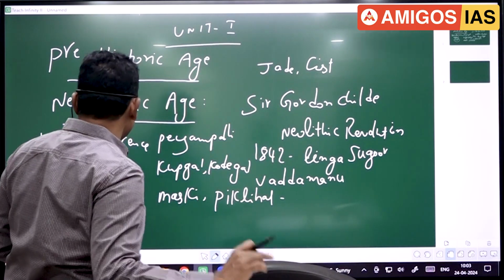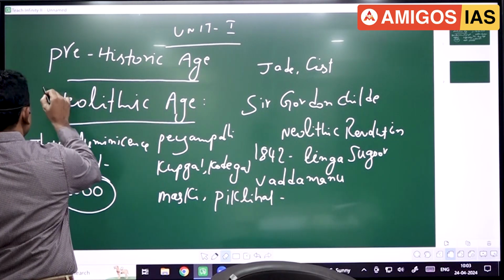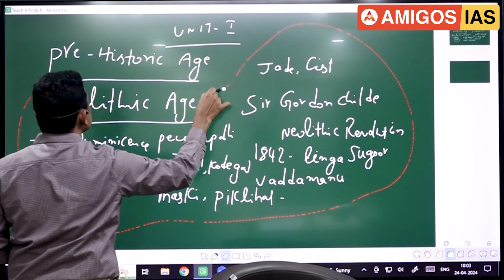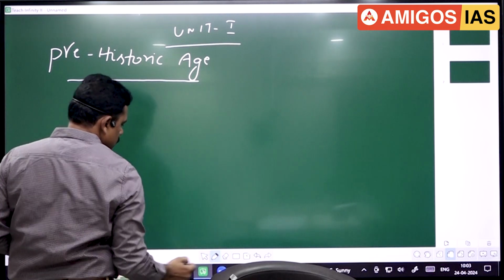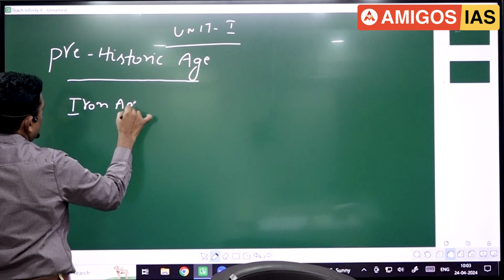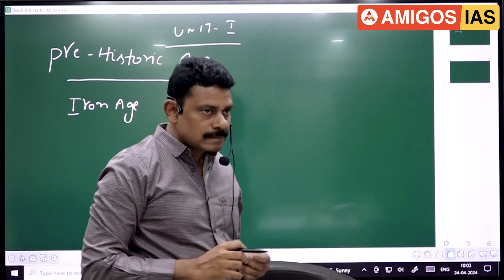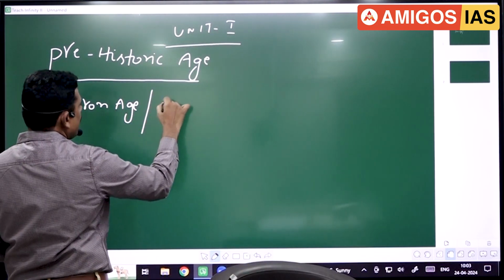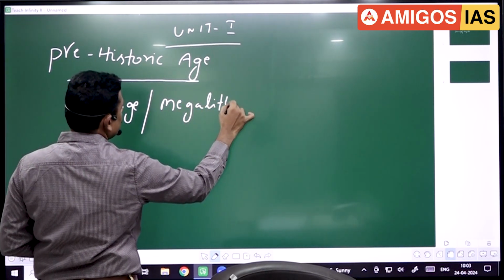Then after the stone ages, the last area to be discussed here, the Iron Age. The Iron Age has also been called the Megalithic Age in the history of South India.